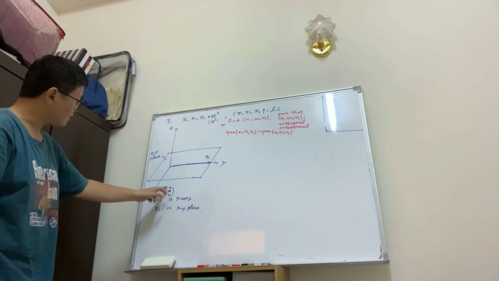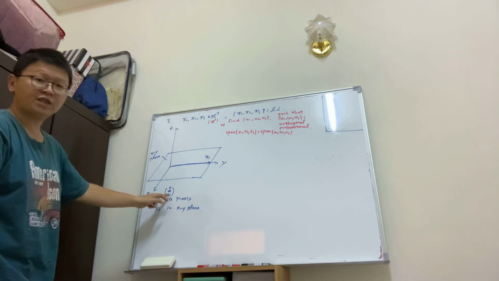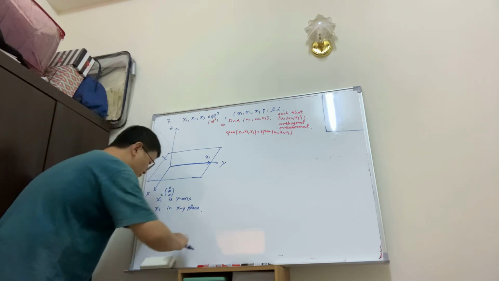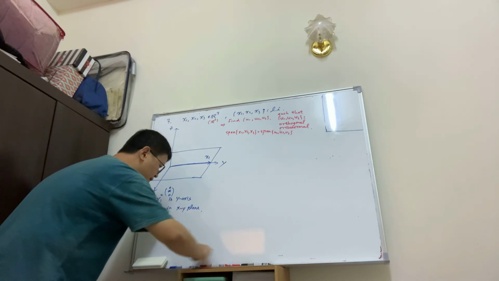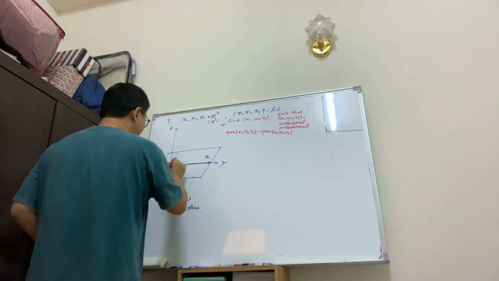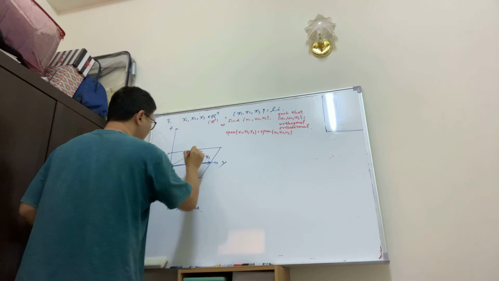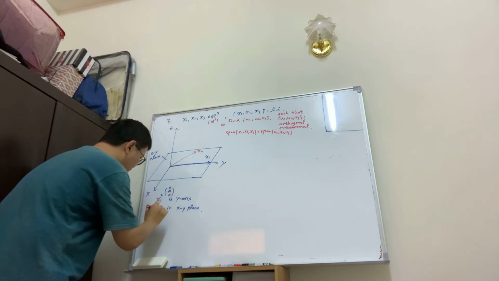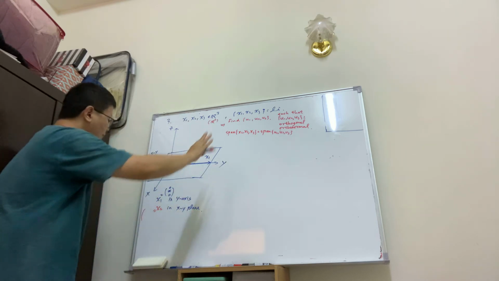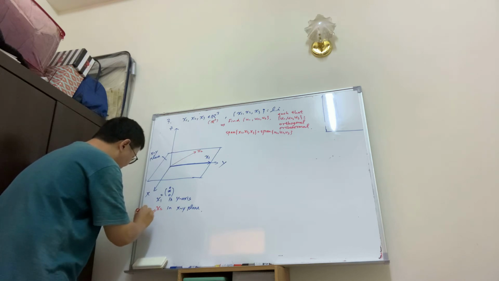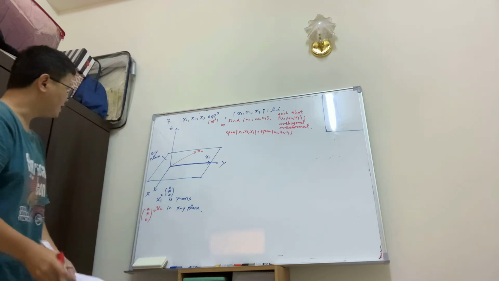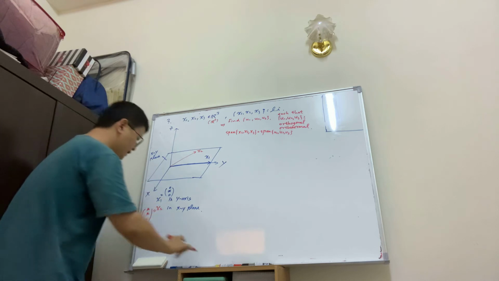Just in the y-axis, so x equals 0, z equals 0. And x2 is in the xy plane, so probably it's this one, our S2. In the xy plane, it's star, star, z equals 0.